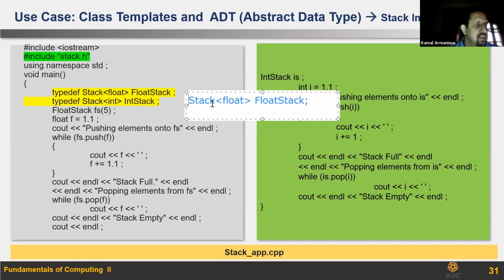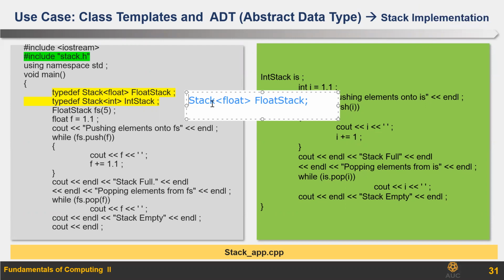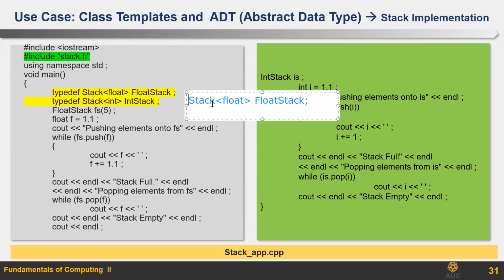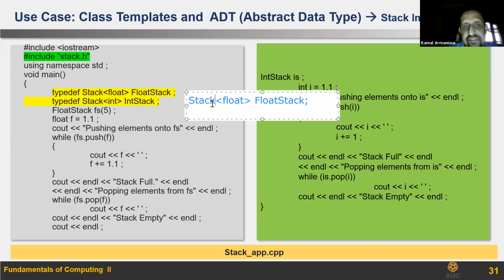The name of the object is float stack, and the name of the class is stack. And this float means that it is a class where I will replace T, our famous T, with float.